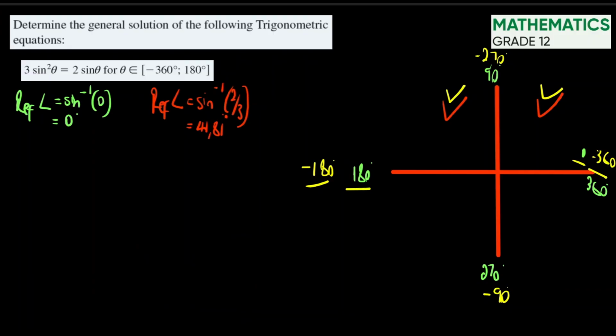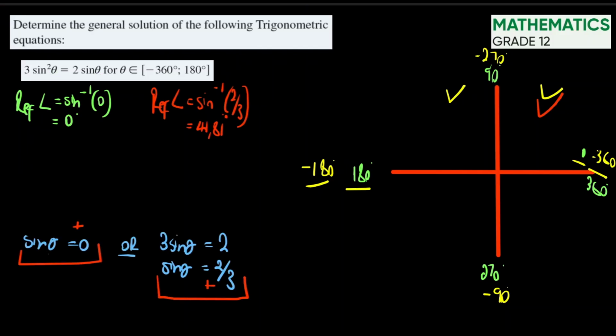So let's go ahead and do that. So quadrant 1, we know that in this case we're working with theta, not x, because the question is in theta format. Or if we go back, we'll see that we have theta as our variable. So we're going to be using theta as our reference.